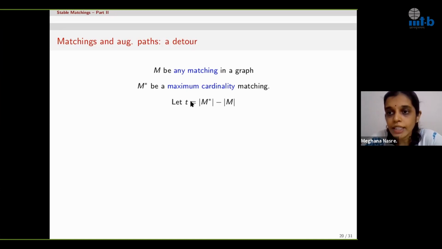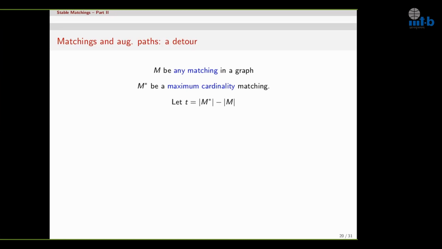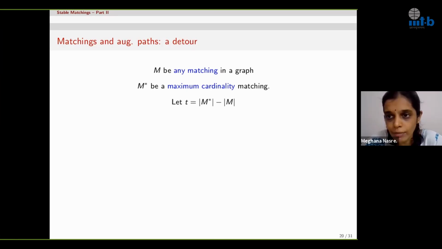Then we know that in the symmetric difference of M and M star, we have T augmenting paths with respect to M. The augmenting path is a path which has more M star edges versus fewer M edges, right? And each augmenting path is going to give us a size increase by 1. So this is good. We have exactly T augmenting paths with respect to M.